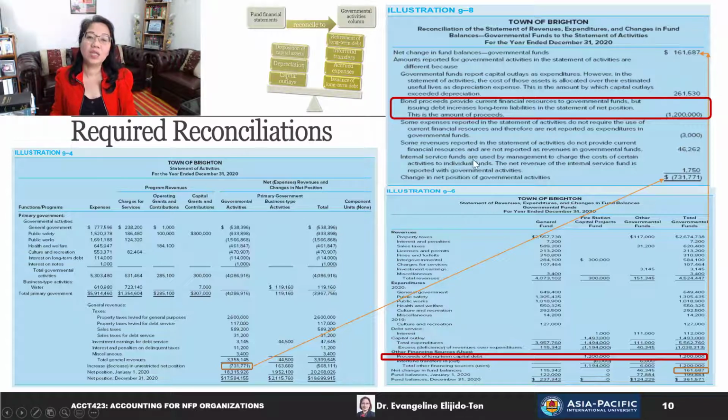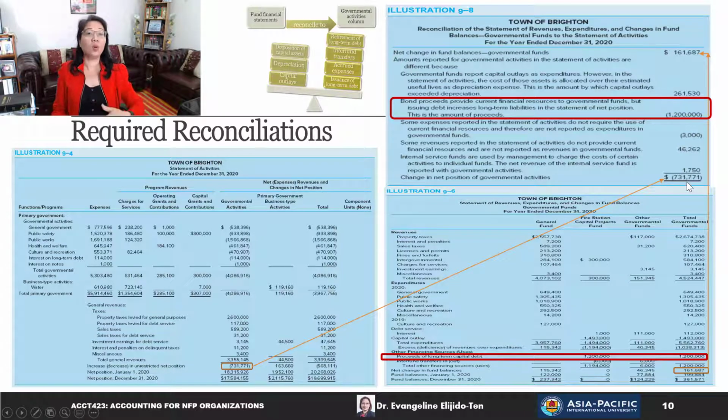And finally, internal service funds are used by management to charge the cost of certain activities to individual funds. The net revenue of the internal service fund is reported with governmental activities, 1,750. So it's reported in governmental wide but not in the governmental funds. So we'll need to add it back in order for it to be reconciled. All right.